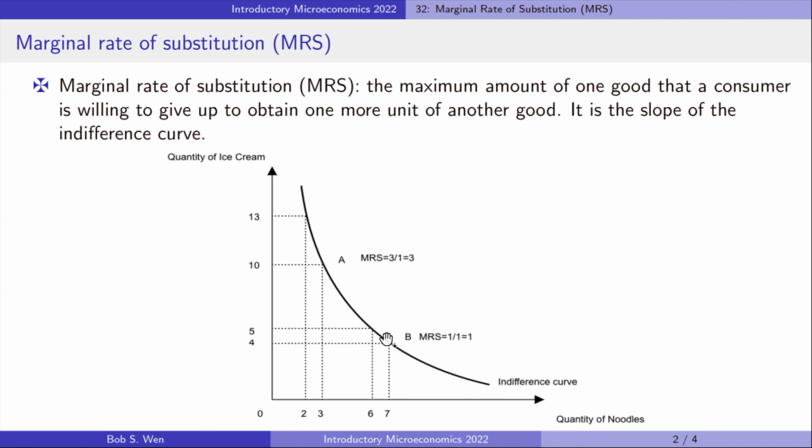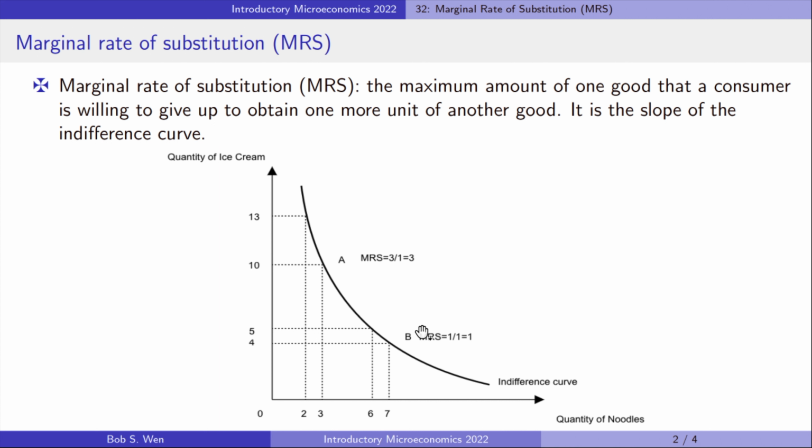At point B, if the consumer is willing to sacrifice 1 ice cream cone to obtain one more bowl of noodles, then the marginal rate of substitution of ice cream for noodles at point B is 1 ice cream cone per bowl of noodles. The marginal rate of substitution measures the consumer's willingness to substitute between ice cream and noodles in our case.